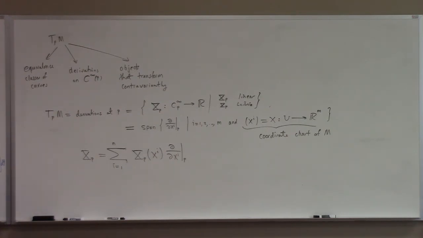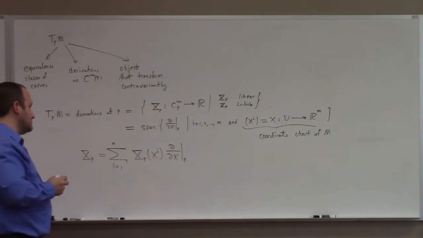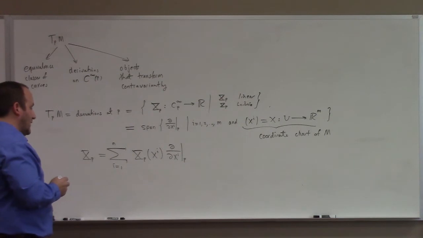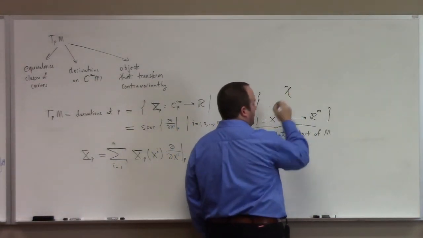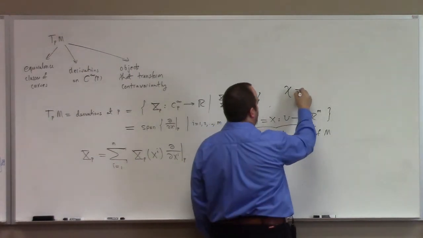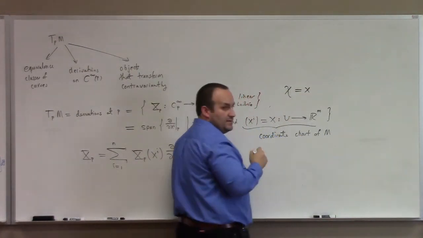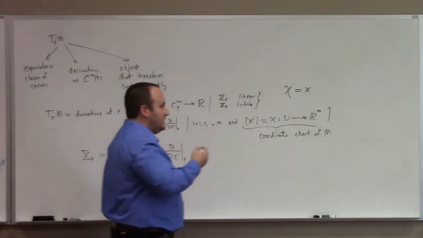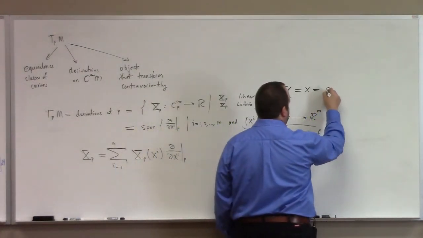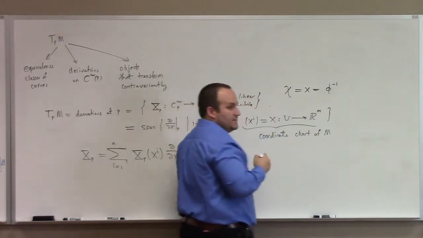Yeah, go ahead. When you write x^i equals x from U to R^n, what does the equals x part signify? Well, I'm torn. I sometimes use this for the coordinate chart. And I think you mostly used pi last time. So yeah, and we could also say that this is phi inverse if that's helpful.